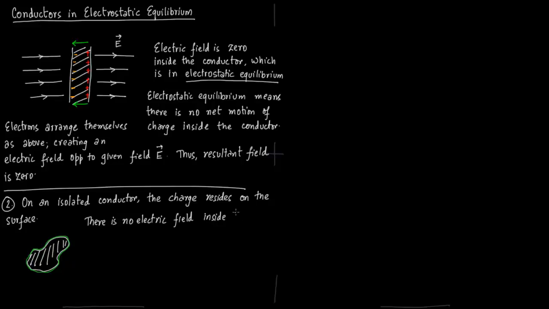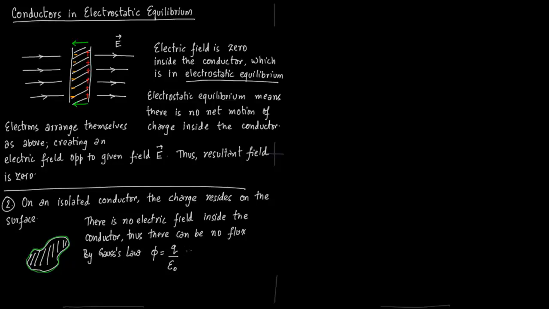Now there is no electric field inside the conductor. This we get from the first point above. Thus, there can be no flux, because flux is generated by the electric field. By Gauss's law, the flux is charge over epsilon naught.